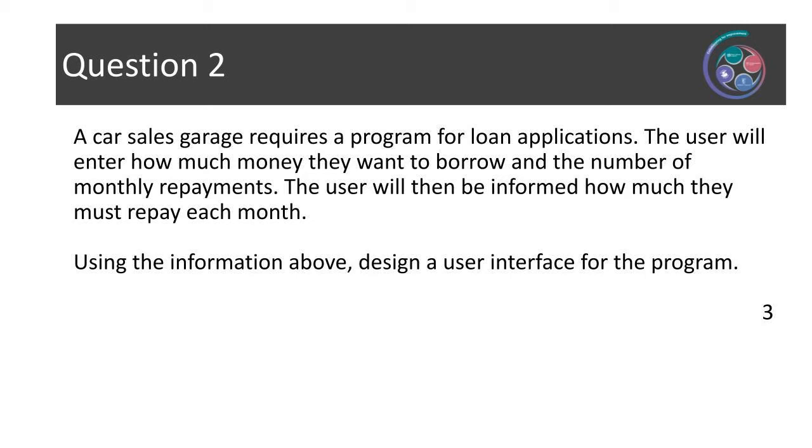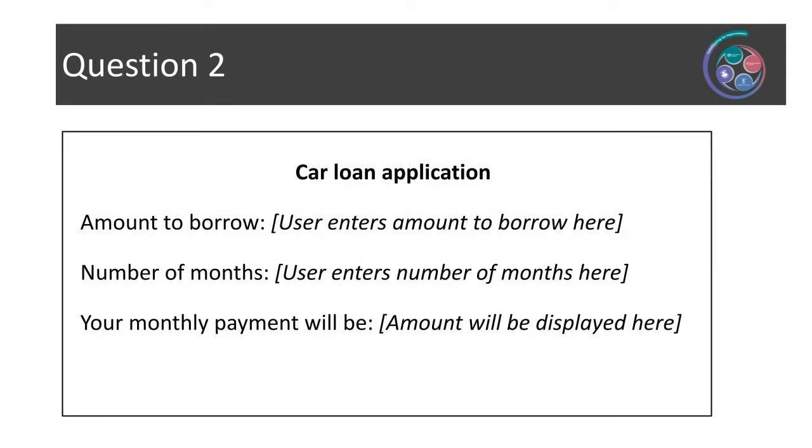You've been tasked with designing a user interface for a car loan application. I've started by clearly identifying this is a car loan application program by putting the title at the top. While you don't get any marks for this, it does help set your user interface out nicely, and it's good practice to do.